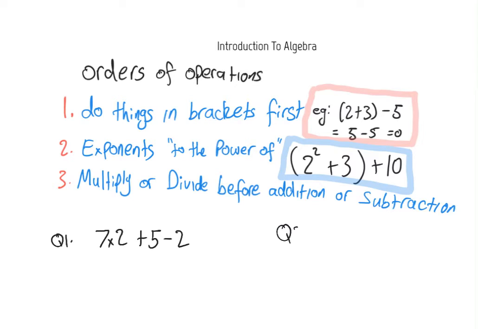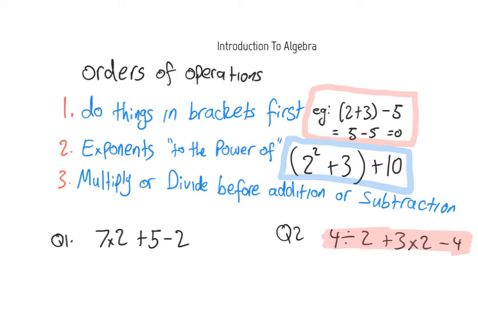In question 2, we've got 4 divided by 2 plus 3 times 2 minus 4. So that one's a bit trickier. So we'll do it in red, but we'll get back to it, and eventually, hopefully by the end of the video, you guys will understand and you'll be able to solve some questions.